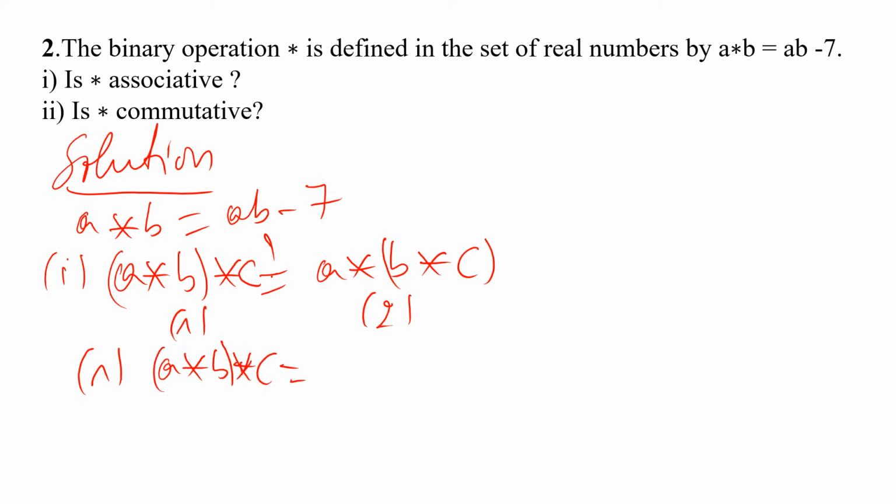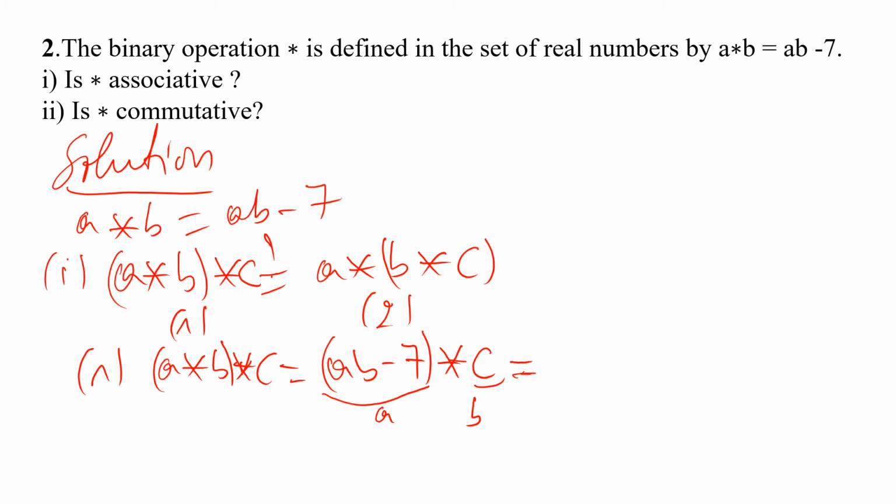is equal to (a star b), it is ab minus 7, star c, okay, equals to, now we take this as a and c as b. How do we get now?